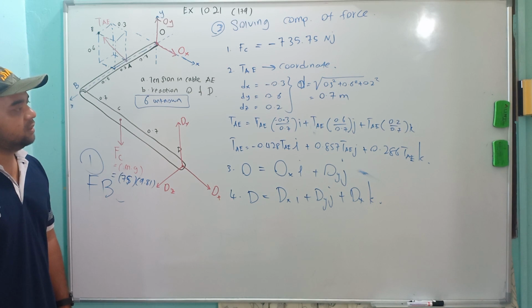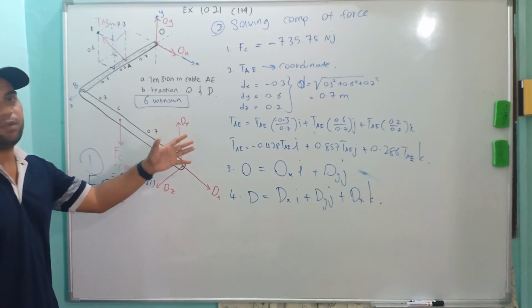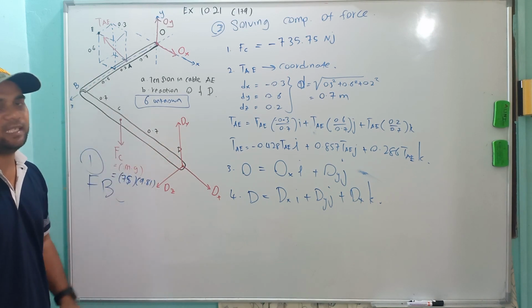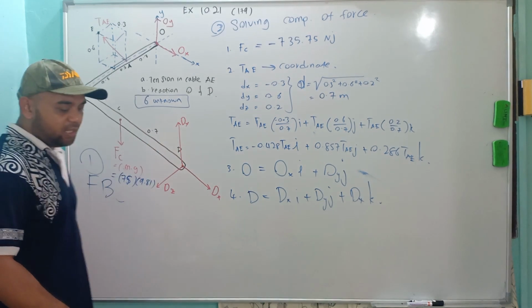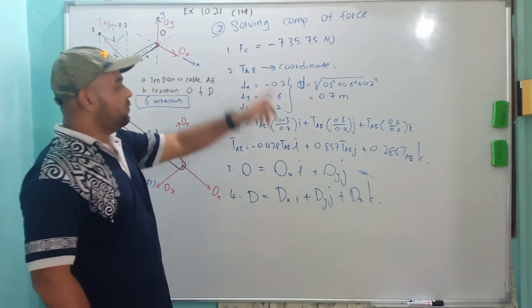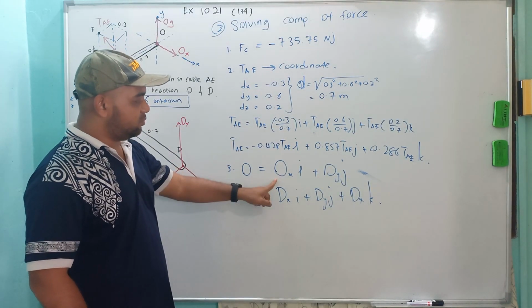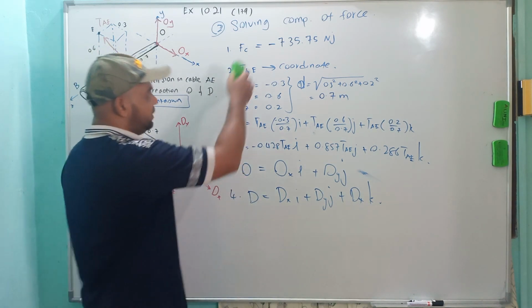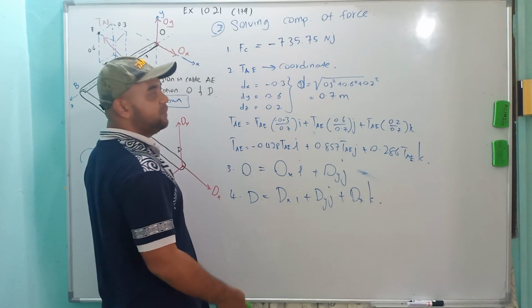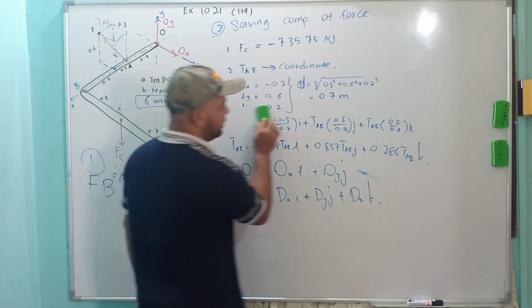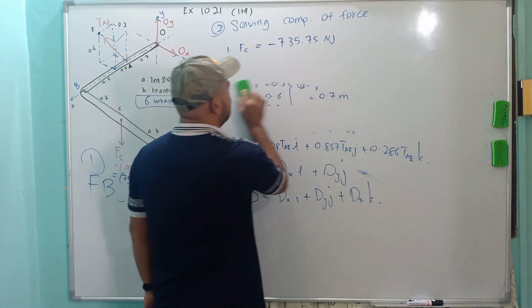So I want to put all this in a table so that I will not miss any forces in i, j, and k direction. If you are good enough, you can add directly from the i direction: this one plus this one plus this one, the first equation. But if you are not sure and will miss something, you can put it in the table first. So I will erase the things that are not needed here.